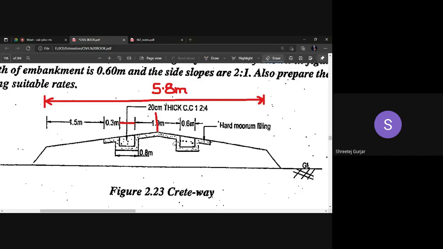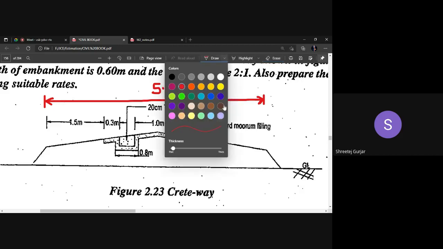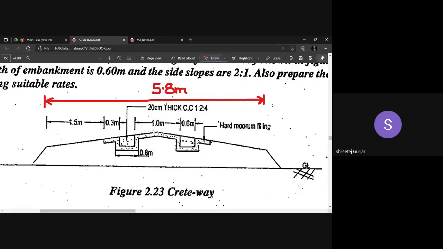Now one more thing we have to calculate, very important: the thickness of your hard muram. This out to out is 0.8. Now can you tell me what this thickness is? I need these two thicknesses.